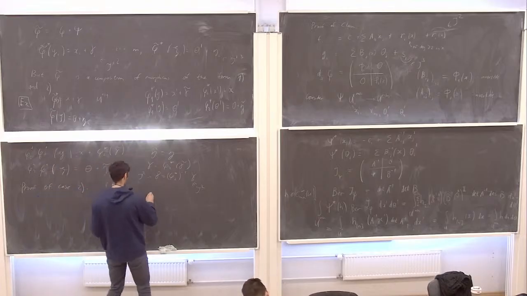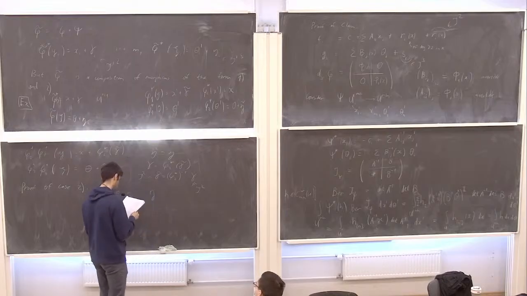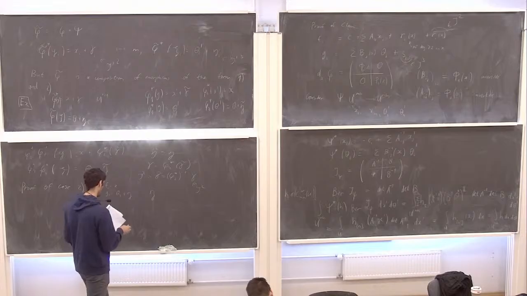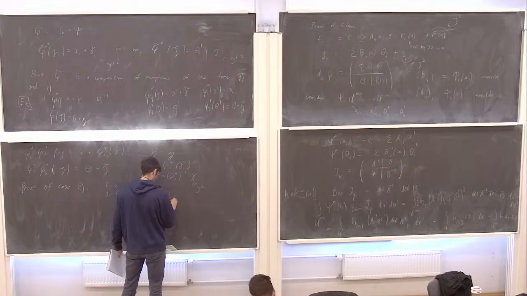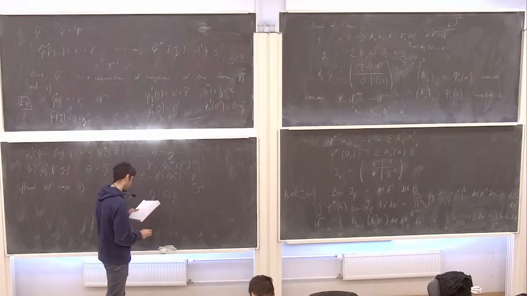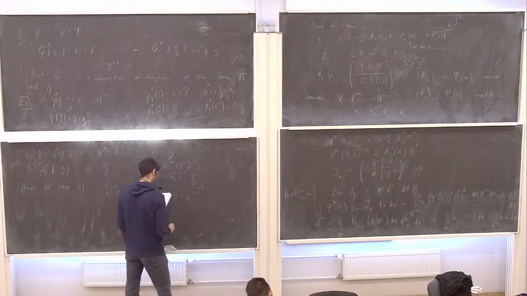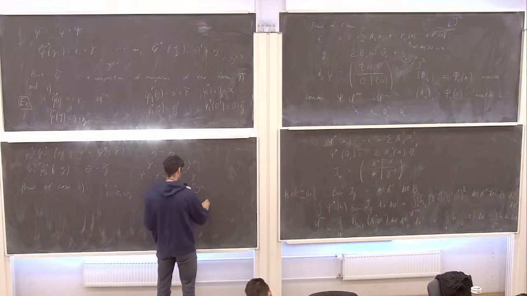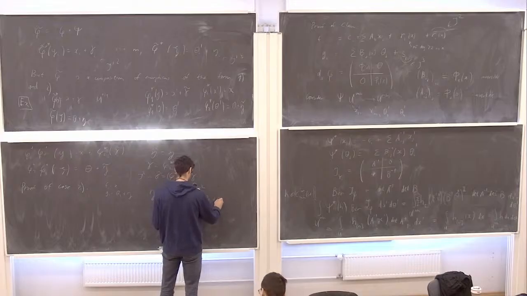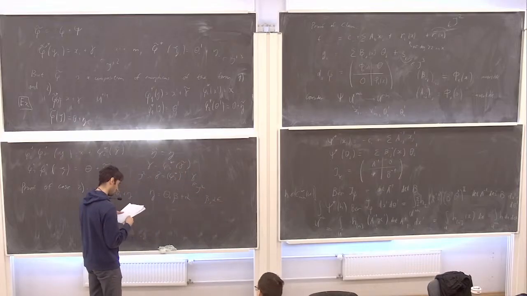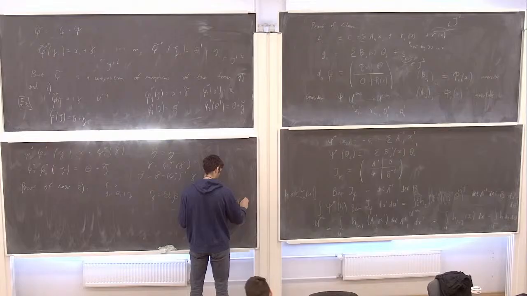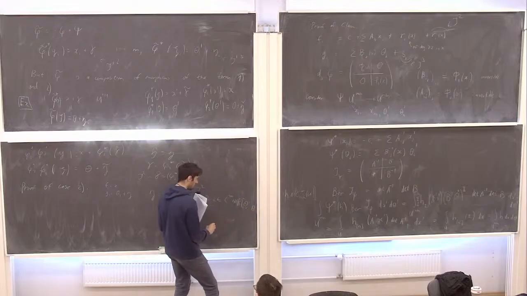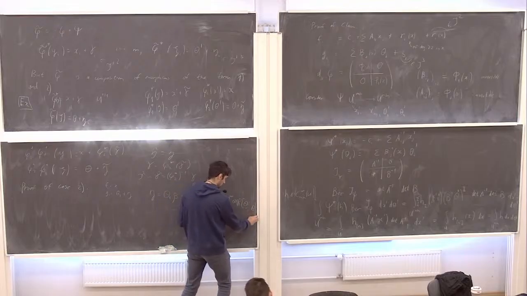So I can write eta in the following form: theta 1 beta plus alpha, where both beta and alpha are in C infinity of U tensor R, well, there is no theta 1 in them, theta 2 through theta n.